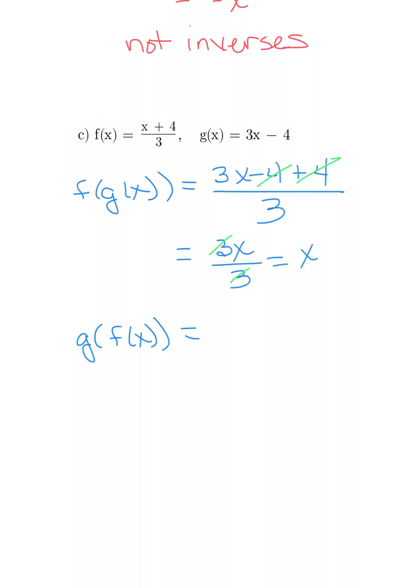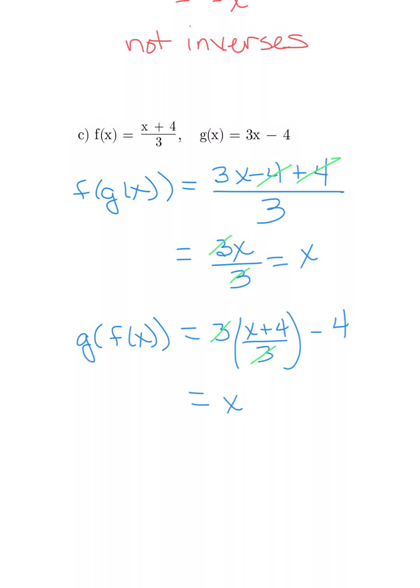So this time we start the g function, which starts with 3, and then we have our variable. So we are going to replace the variable with the entire f function, x plus 4 over 3, and then finish writing the g function minus 4. Well, when we have 3 times that fraction of x plus 4 over 3, we have a 3 over 3, which equals 1.